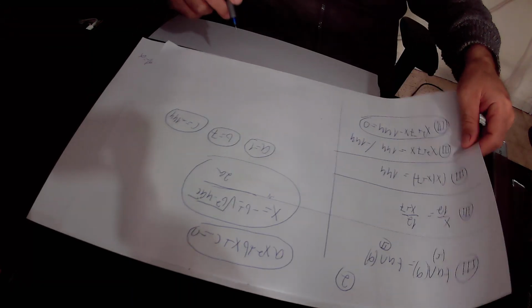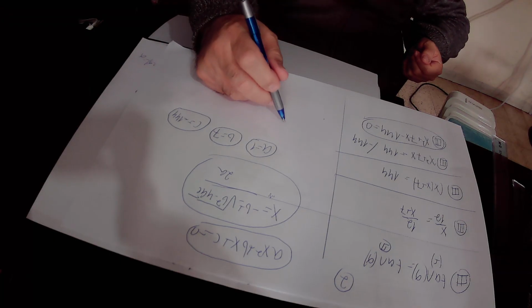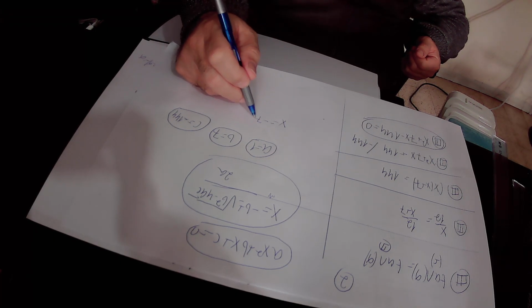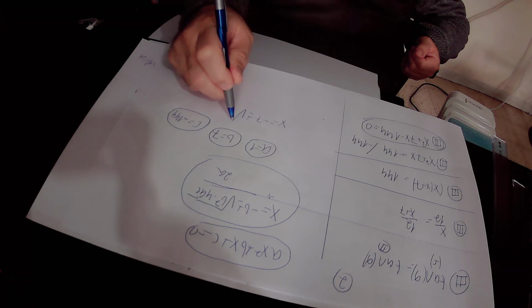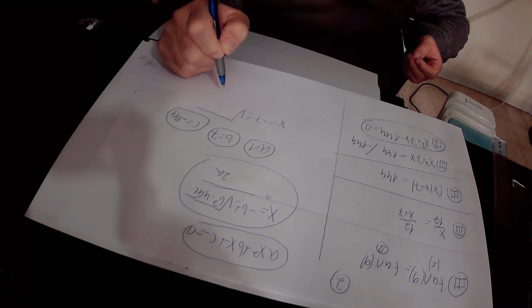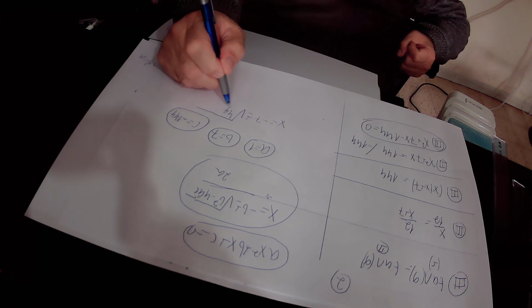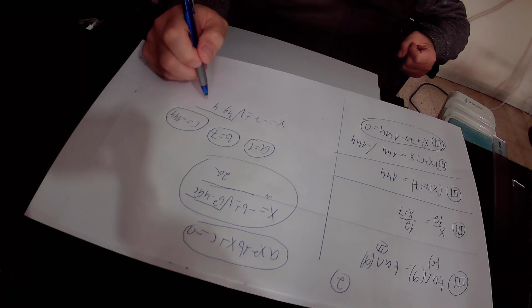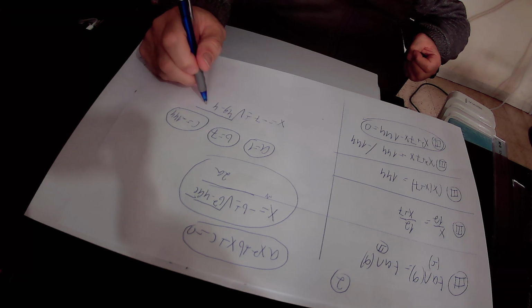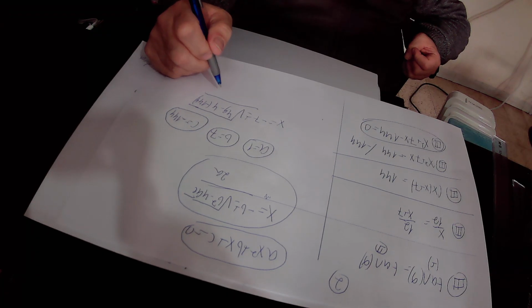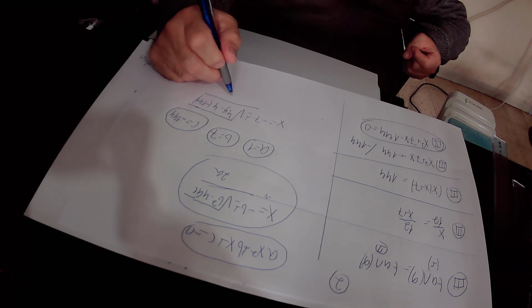So according to this equation, we get that x equals minus b. B is 7, so minus b is minus 7 plus minus the square root of b squared. B is 7, so b squared is 7 squared, that is 49. Minus 4 times a, which is 1, times c, that is minus 144, over 2a. This is over 2 times 1, that is 2.